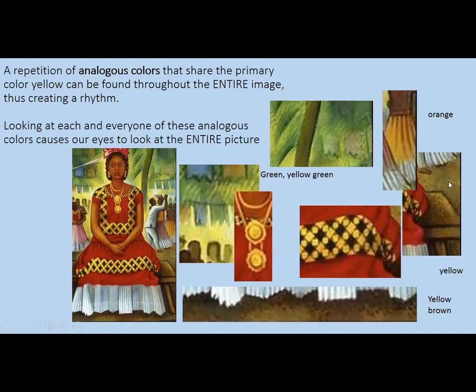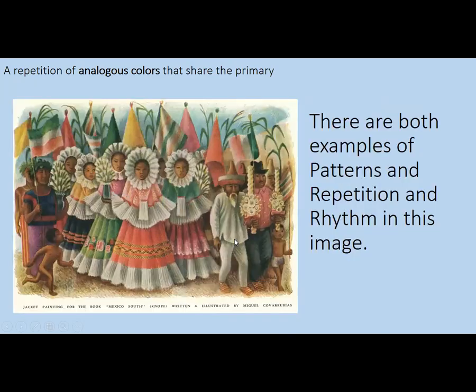You can see a little bit of yellow, a little bit of green in it. There's this orange in this dress over here that's got red and yellow mixed together. There's this green and yellow green throughout here. Those have got yellow in them. There's a little bit of this orange over here as well. Those analogous colors, the way they're distributed, cause our eyes to look at the entire picture.